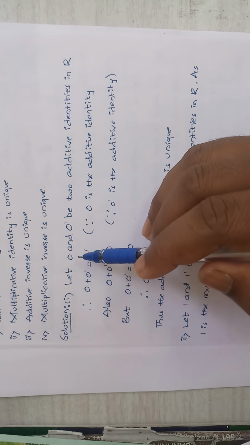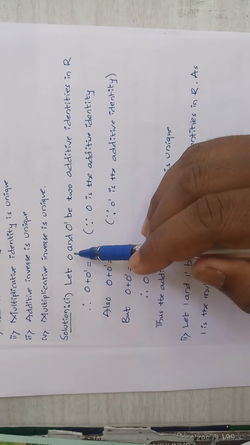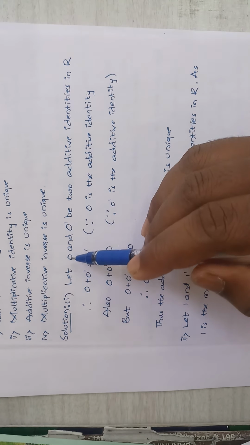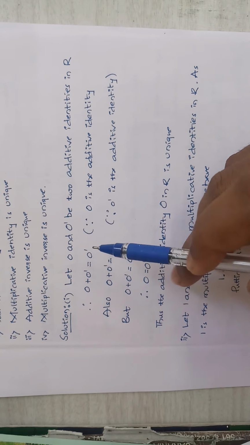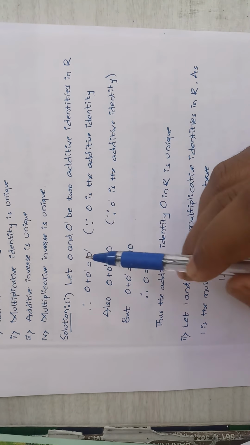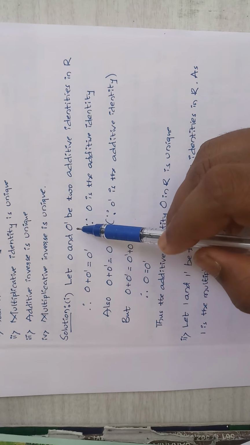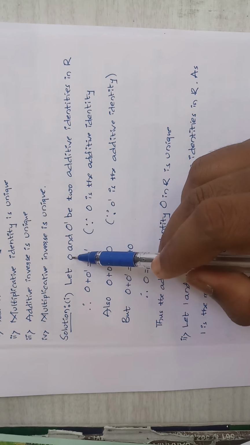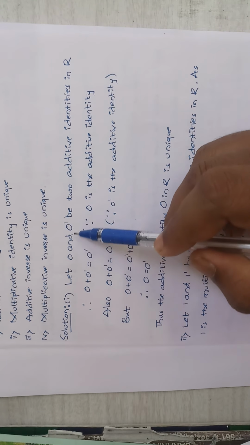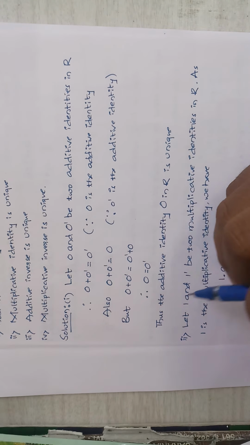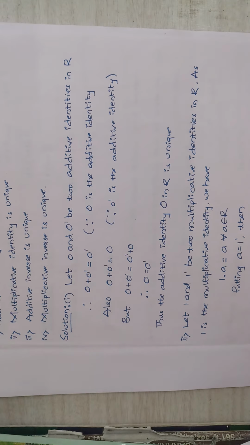For that, 0 is the identity element under addition. Here I take two identity elements and I have to prove, using those two, that 0 is equal to 0 dash, meaning this is also an identity element and this is also an identity element. If 0 equals 0 dash, then the given statement, that additive identity is unique, holds good.